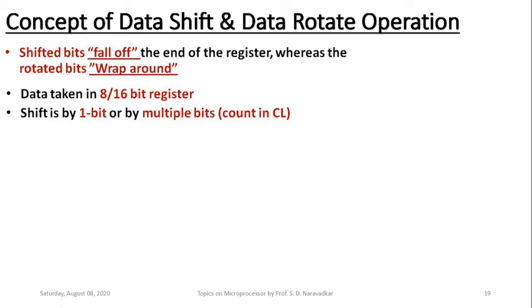Whenever we use the CL register within a shift or rotate instruction, it becomes more powerful, because the multiple bit shift or rotate operation can be performed in just a single instruction, which otherwise in a previous processor like the 8085 required multiple instructions.